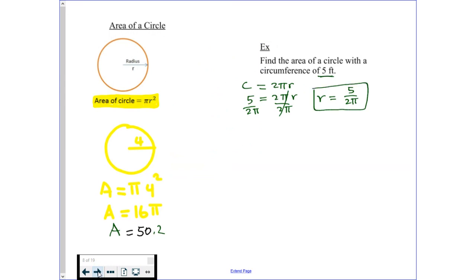Now, once you know r, you can use it to find the area. So area is pi r squared. That means pi times 5 over 2 pi, squared. So square everything in the radius. So 5 squared is 25.